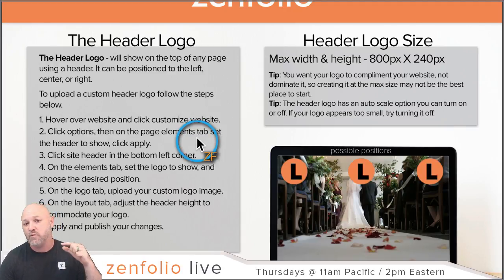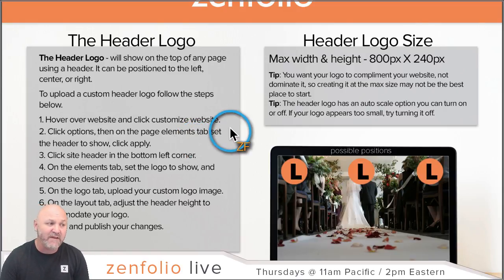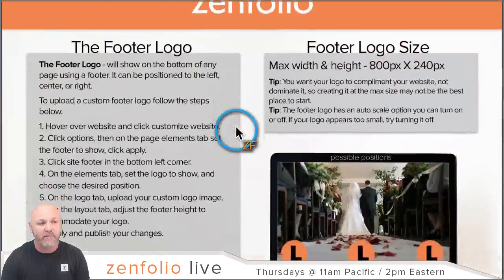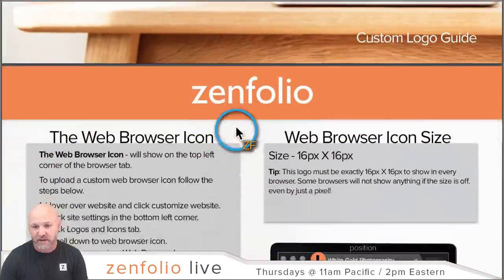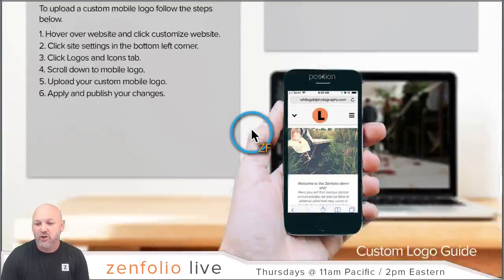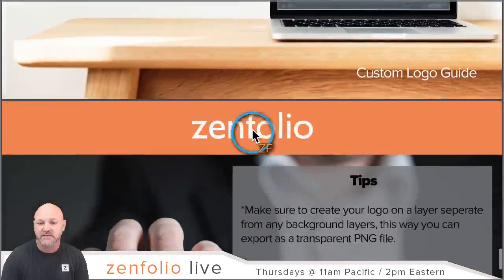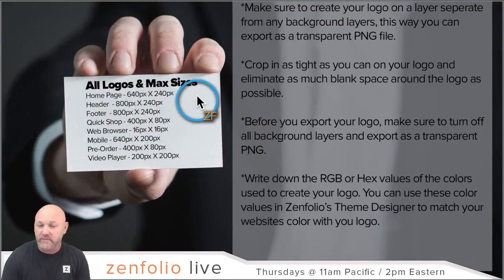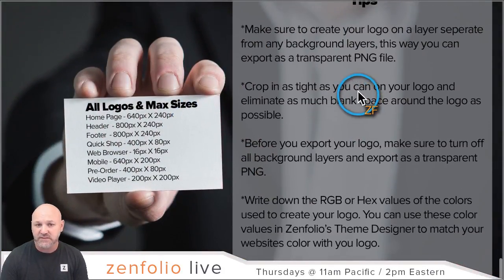It's going to tell you where to go to upload these logos, it's going to give you size recommendations, and it's going to let you know different tips and things like that. And if you scroll to the very bottom, the last page on that PDF document is actually going to be a quick master list of all of the logo sizes, and then it's going to give you some tips.